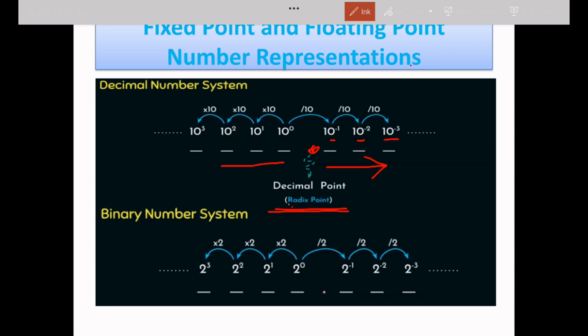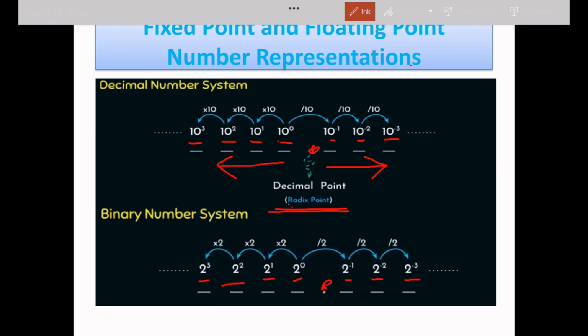If you are going from here to here, your base power 0 at first, 10 to the power 0, 10 to the power 1, 10 to the power 2, 10 to the power 3, you will multiply. Okay. Similarly, in the binary number, this is your fixed point. If you are going your base power minus 1, base power minus 2, base power minus 3, and similarly here base power 0, base power 1, base power 2, base power 3.